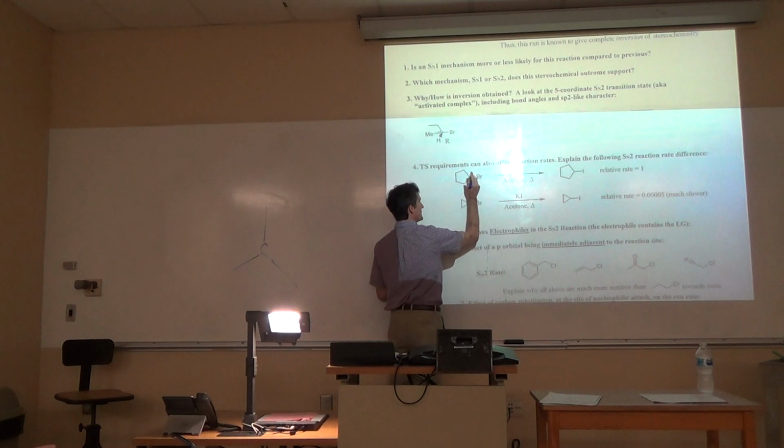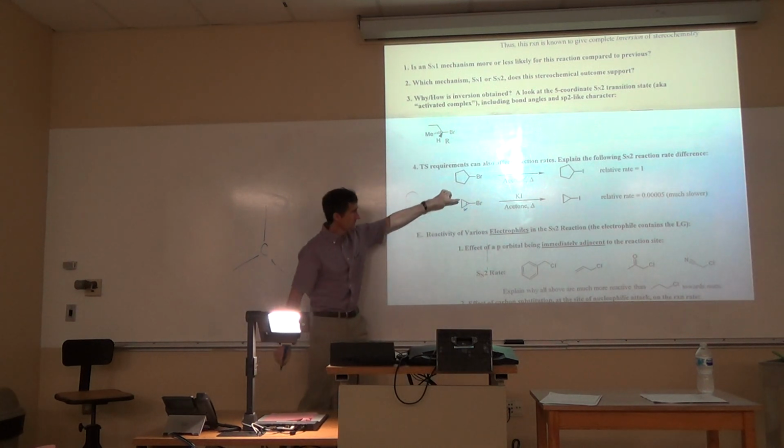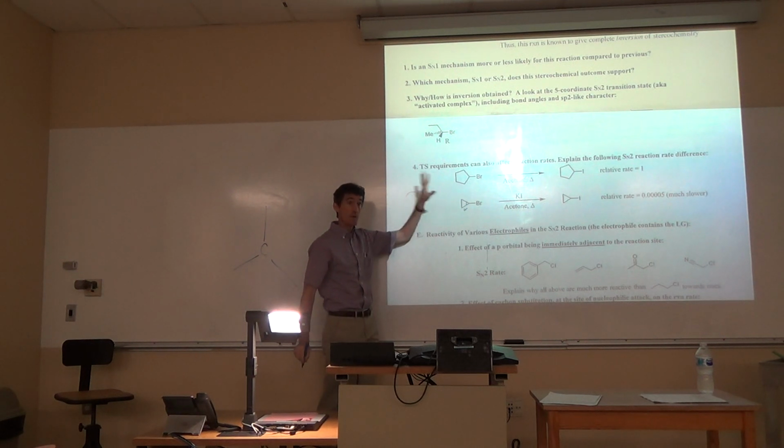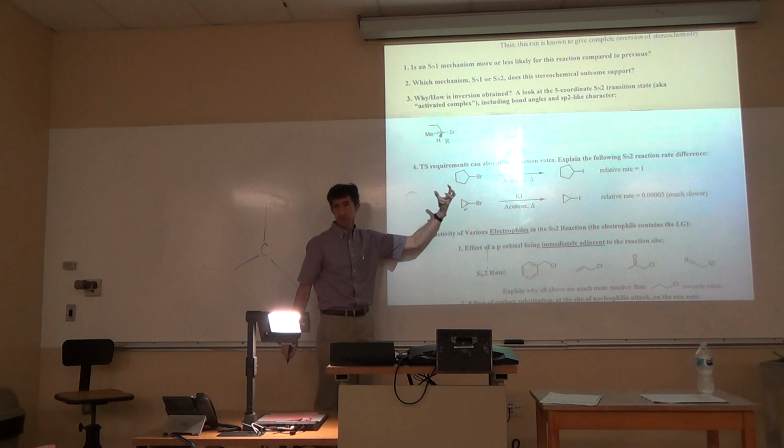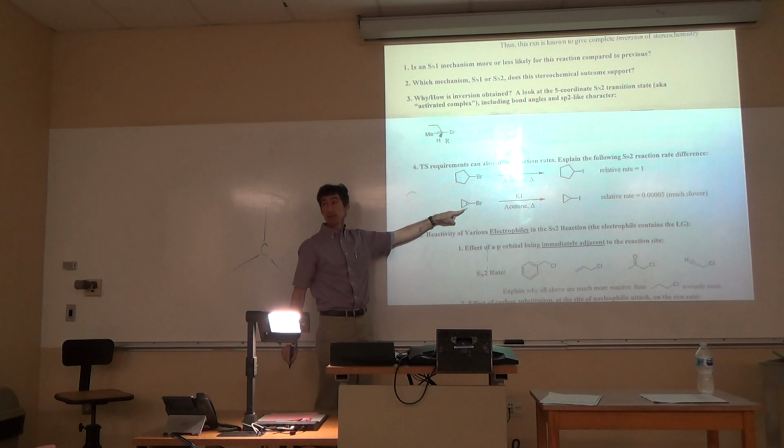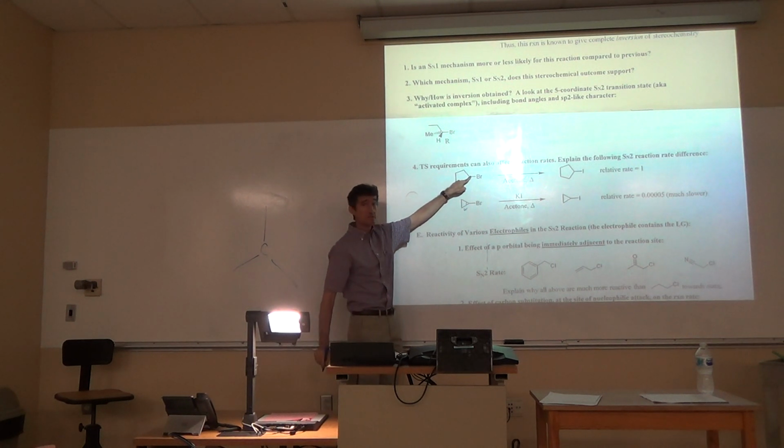Which carbon is going to be more likely to achieve 120 bond angles, top or bottom? Top. Right now, this is 60 degrees from 9th grade geometry. How easy is that going to achieve a 120, which is what the transition state requires or is best? It's going to have a hard time getting 120. That's going to be much easier.